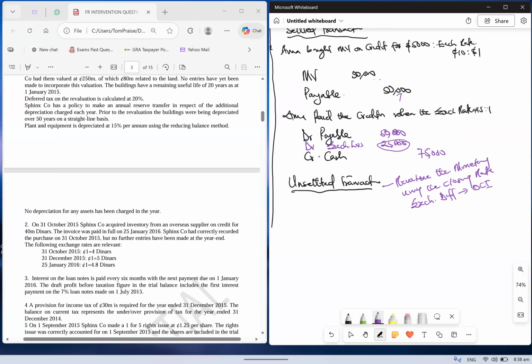So in this case, if I tell you that the closing rate is 20 cedis to $1, which one will be the monetary item? Between motor vehicle and payable, which one do you think is a monetary item? If you have done it in your class already, you should know.